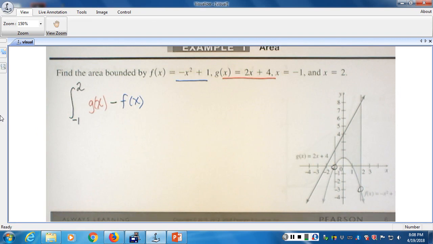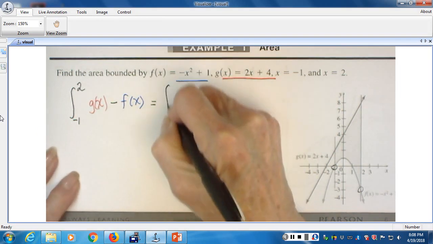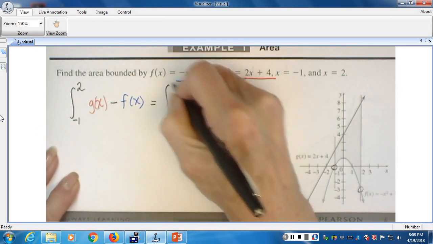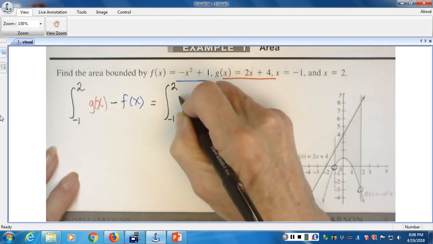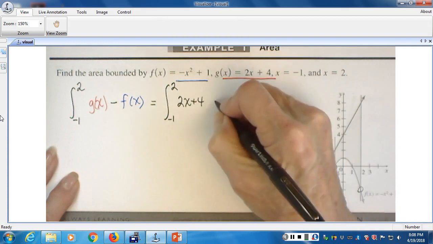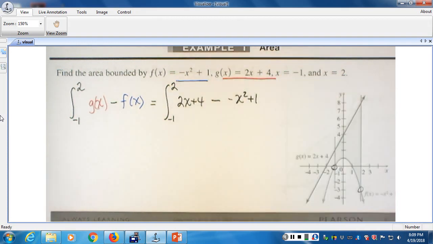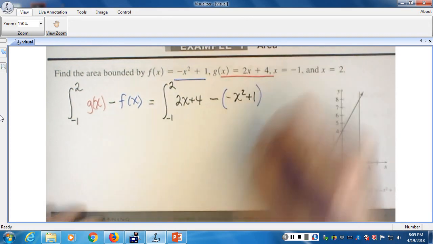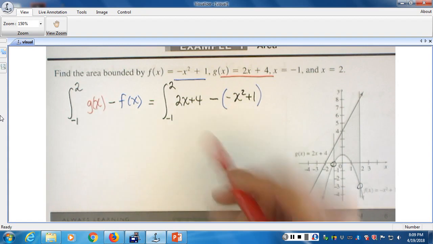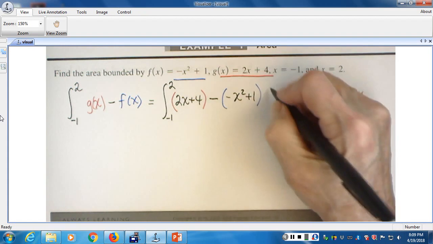And then making sure we get the right form for our two functions, we're doing the integral from -1 to 2 of 2x plus 4 minus (-x squared plus 1), and then of course we always have hanging out here at the end of it dx.